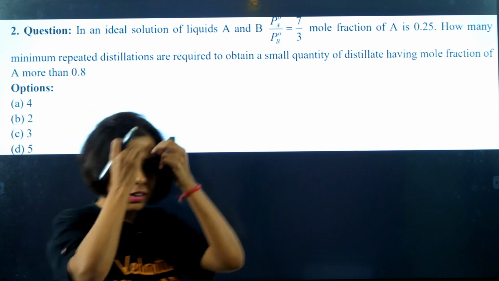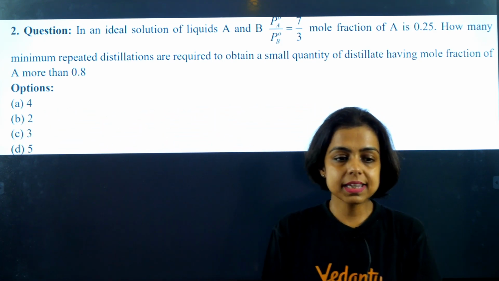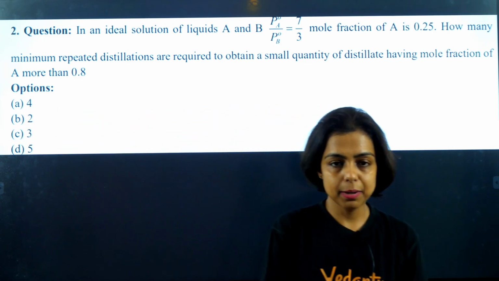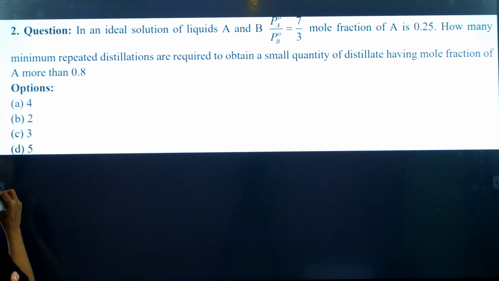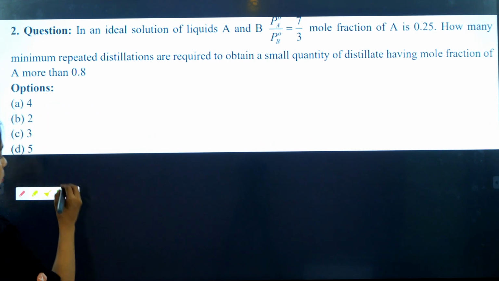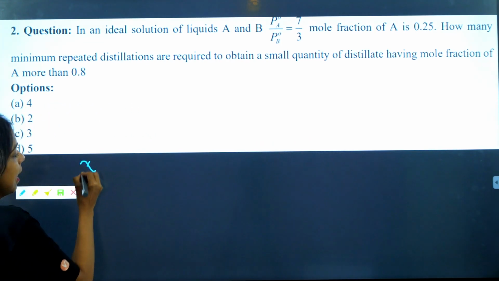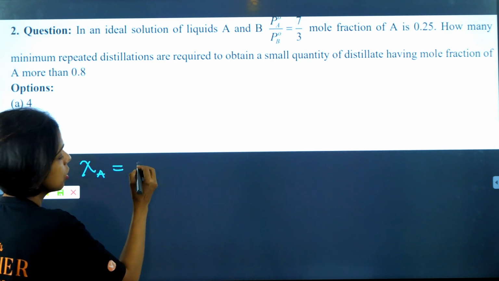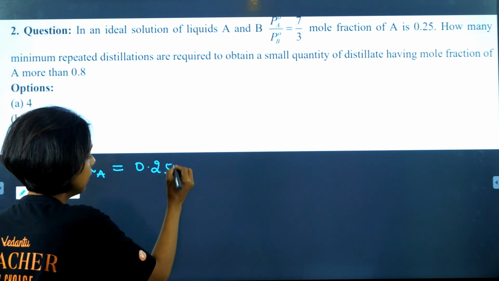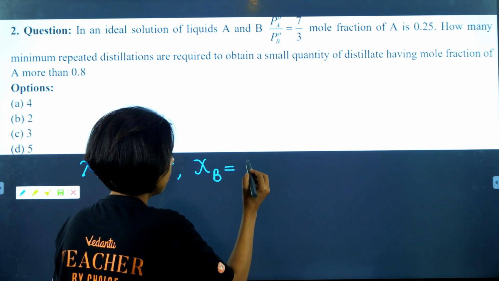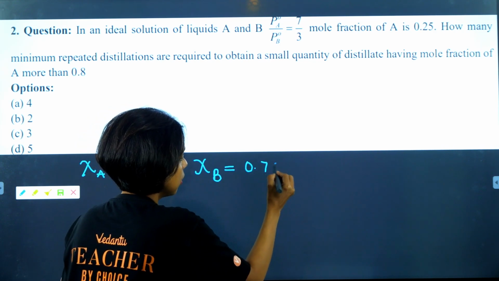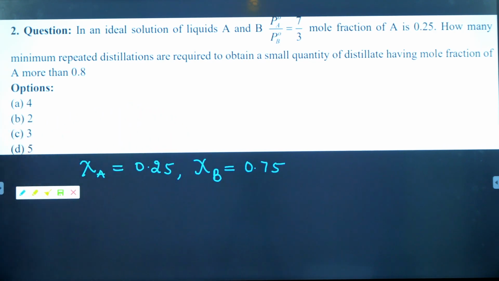So basically you have an ideal solution of A and B in which the mole fraction of A is given to you, XA in that solution is 0.25. That obviously means XB, the mole fraction of B, is 1 minus 0.25, that is 0.75 in the solution, right?